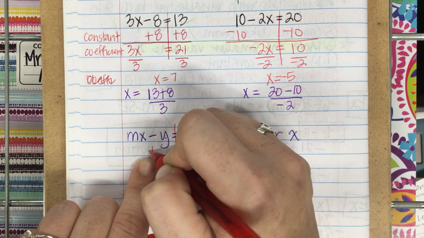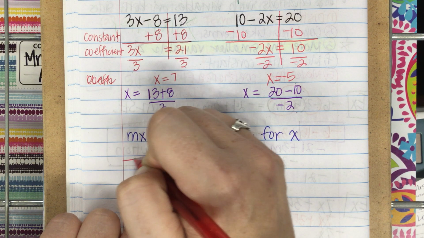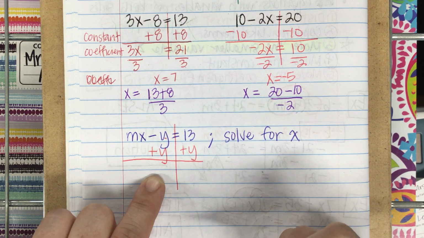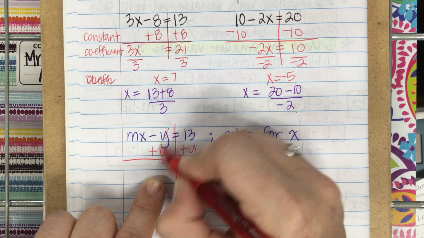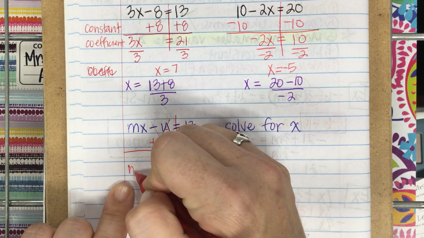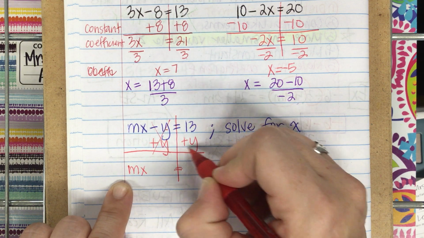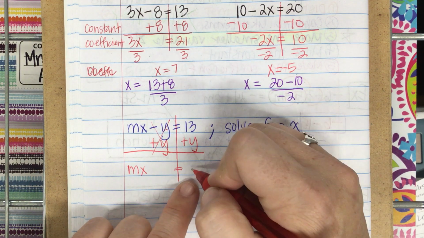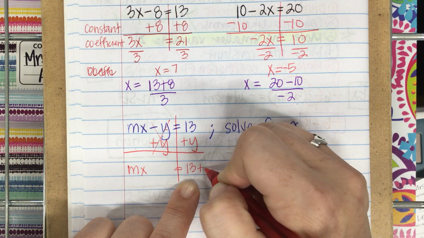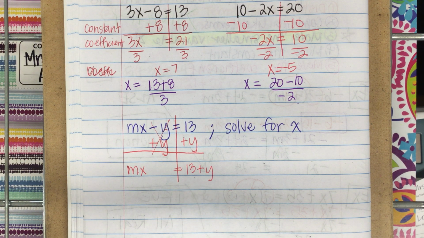So I'd add y, making it disappear, leaving me with mx equals 13 plus y. I can't combine them. Why can't you? Because they're not like terms.